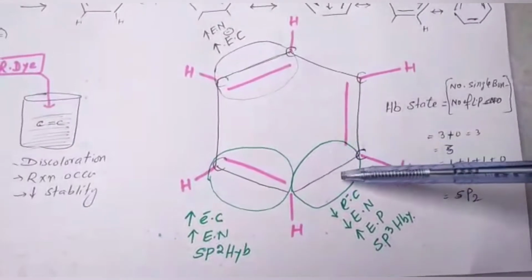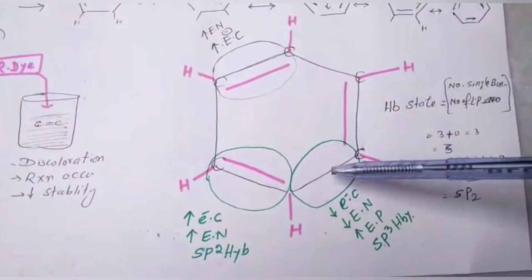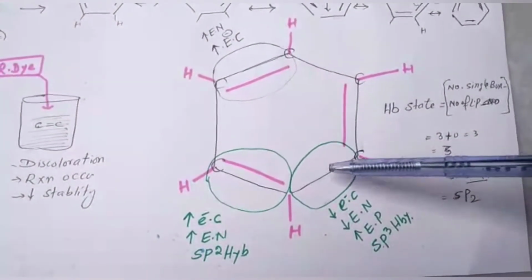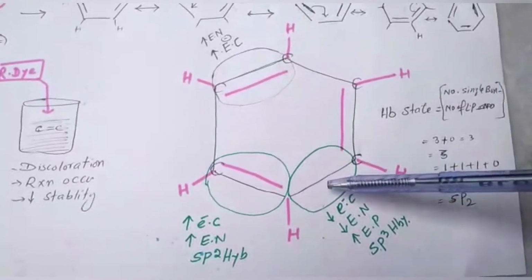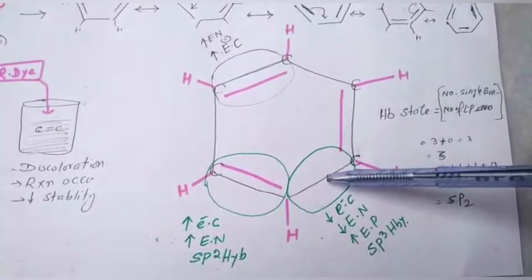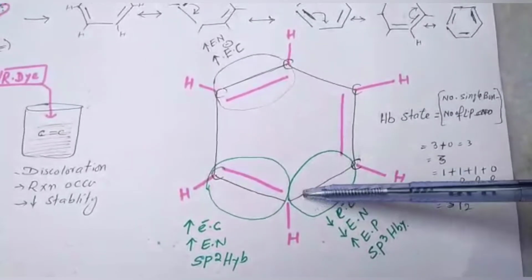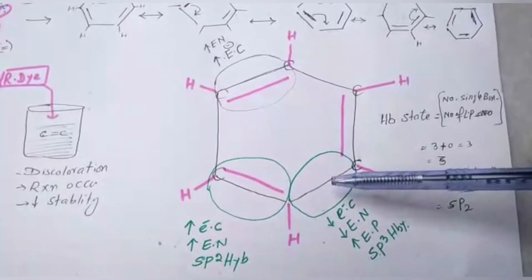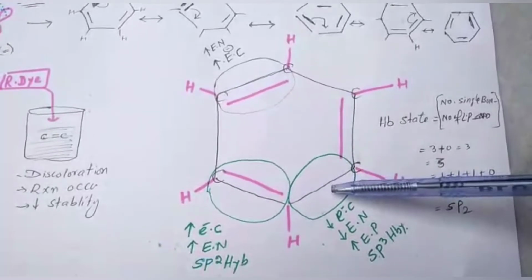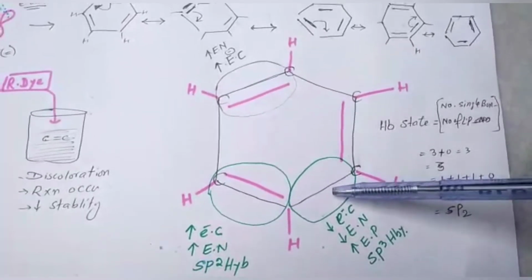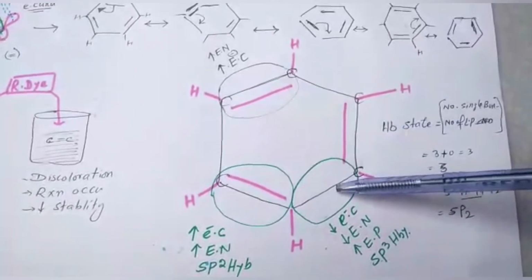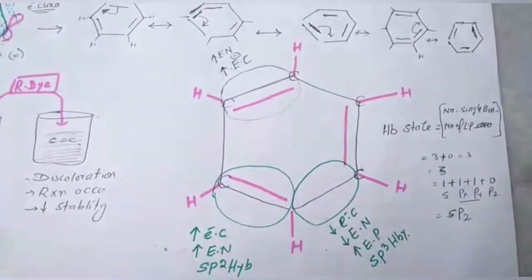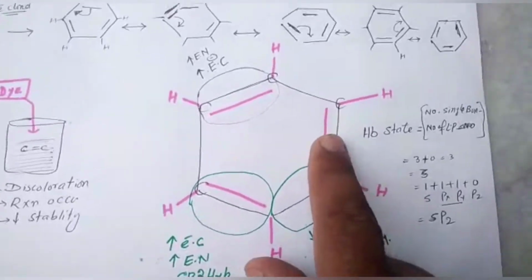This area has less electronegativity characteristics and more electropositivity characteristics, and this area has sp3-like characteristics. One thing to remember: all carbons in benzene are sp2 hybridized.